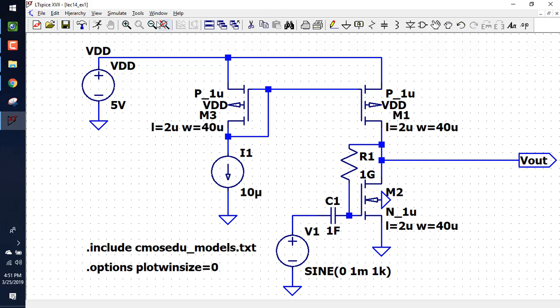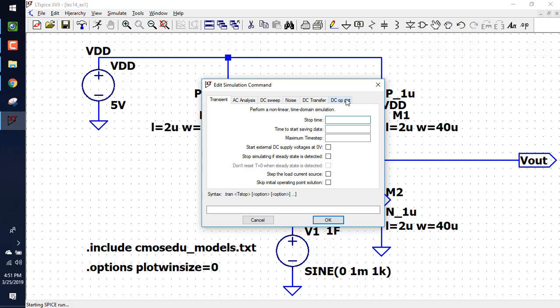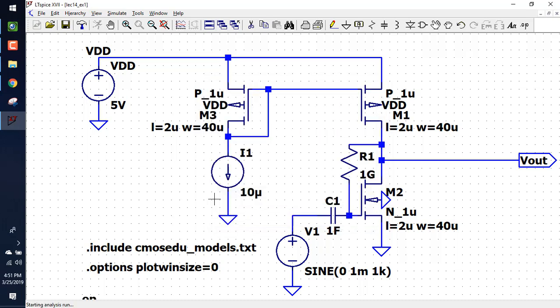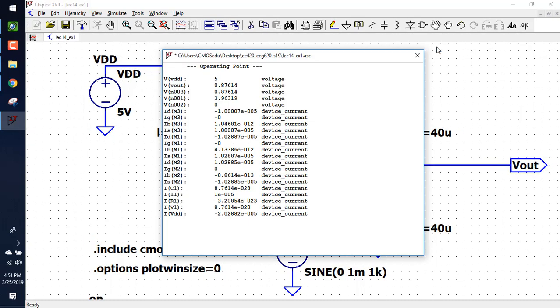And then I'm going to poke the running man and do a .op. And then look at the currents, and they look pretty consistent at 10 micro. IB is the gate current, I think, or the bolt current, 10 micro, 10 micro.